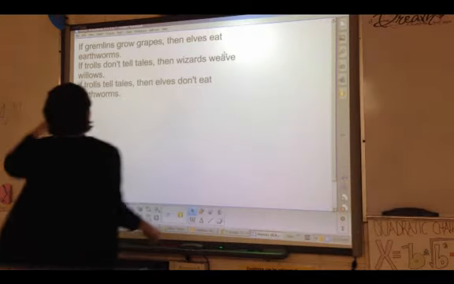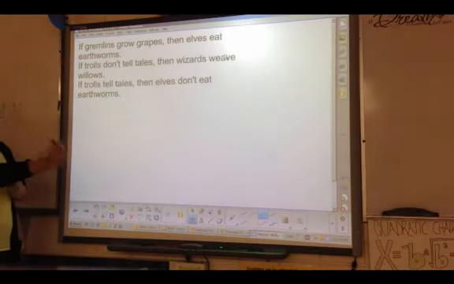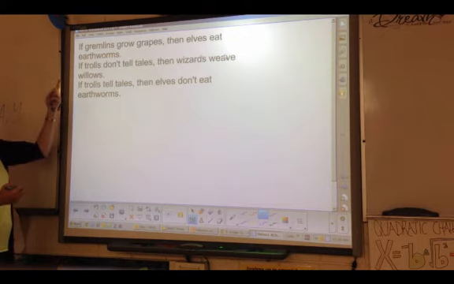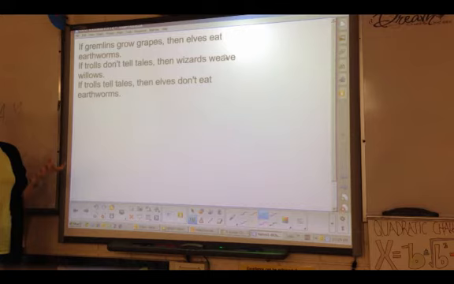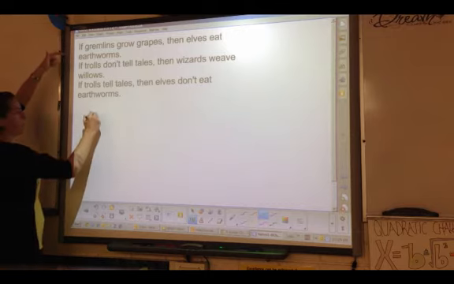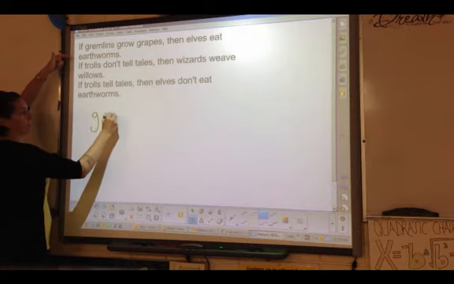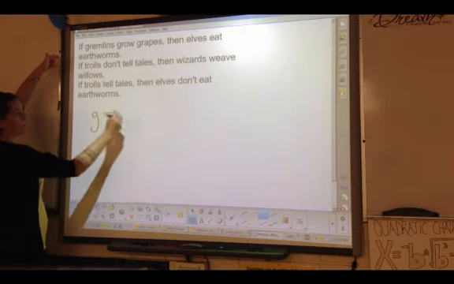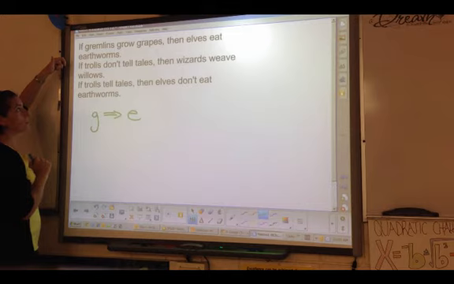And I'm going to start with, well, let's translate this. Let's just go ahead and use G for gremlins, E for elves, T for trolls, and W for wizards. And just translate our statements. So if gremlins grow grapes, then, or implies, elves are going to eat earthworms.